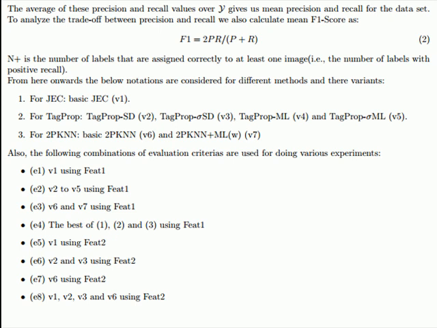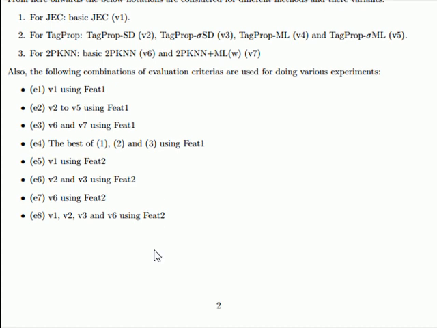These experiments are basically designed to compare individual algorithms. In the first experiment, we will see just the performance of JEC. In the second experiment, we will see the performances of all the different variants of TagProp. In the third experiment, we will see the performances of all the variants of 2pKNN, and similarly till experiment 8.